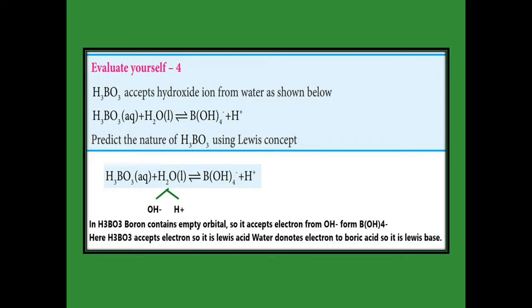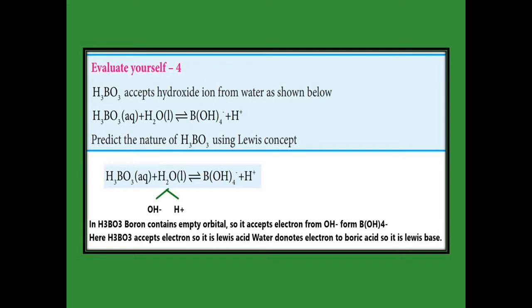In this example, we have to explain H3BO3 based on the Lewis concept, and H2O based on the Lewis concept. In H3BO3, boron contains an empty orbital, so it has the character to accept electrons. Then in water, we split the water as OH minus and H plus.